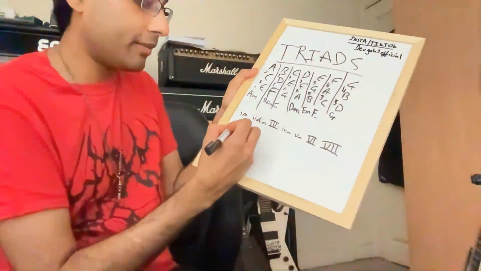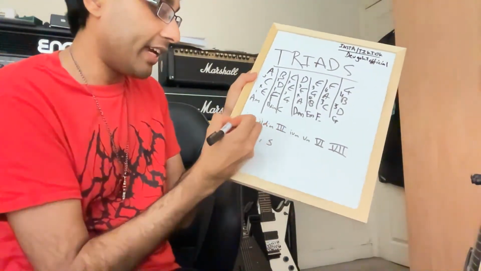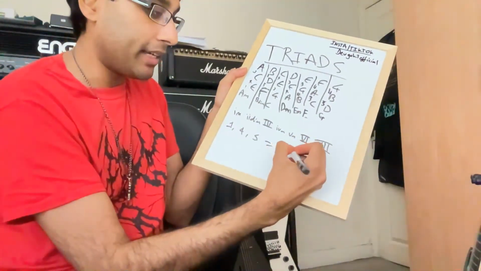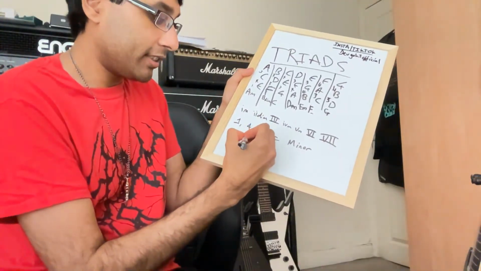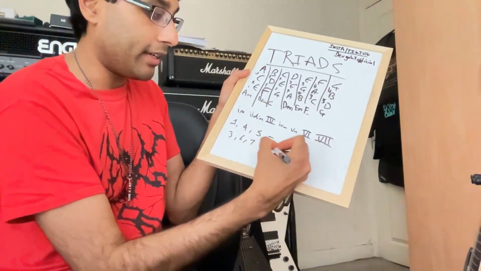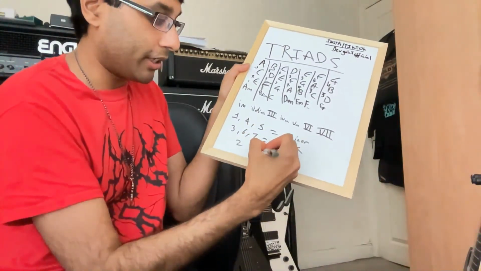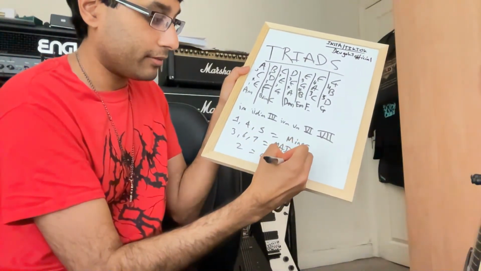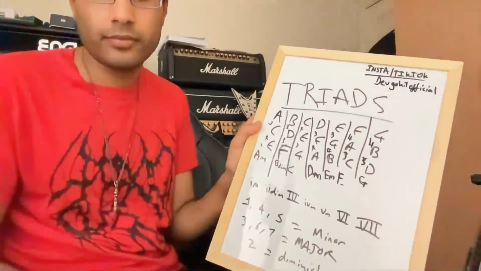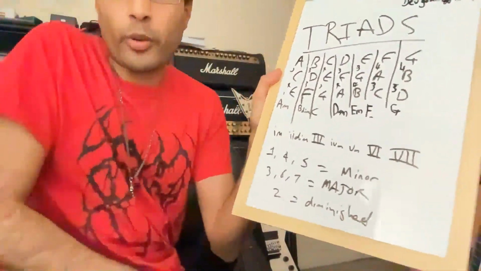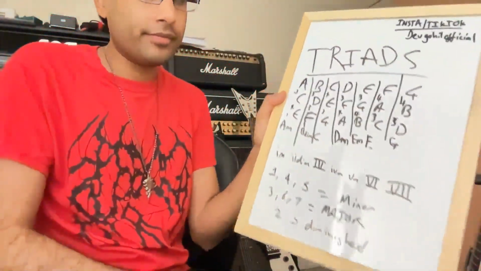So chords 1, 4, and 5 in a minor key are always going to be minor. Chords 3, 6, and 7 are always going to be major, and the 2 chord is always going to be diminished. So that's a very quick formula on how to work out chords in a key.